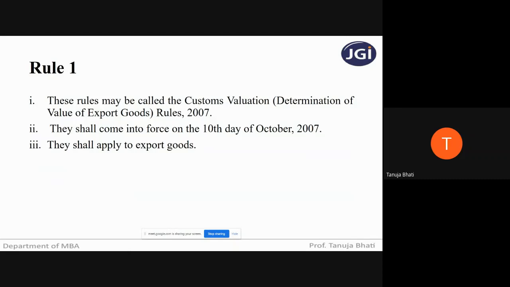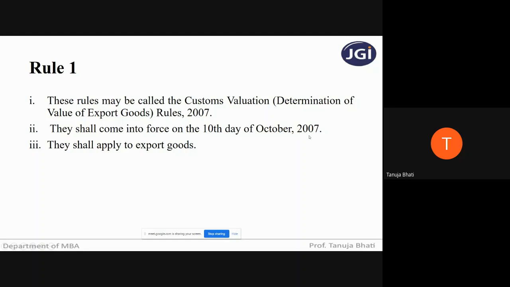Rule number 1, as I told, says these rules may be called the Customs Valuation Rules 2007. There are certain rules which are framed to help determine the value of exported goods, and they came into force on the 10th day of October 2007.